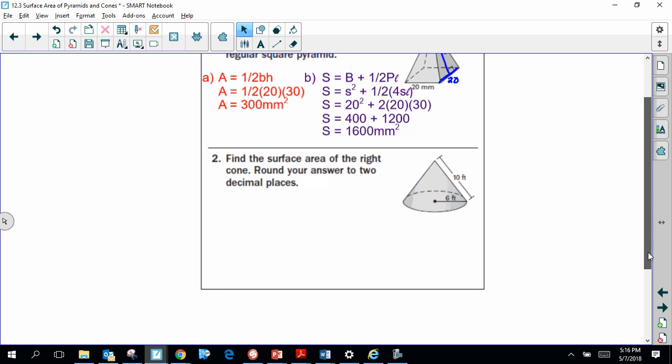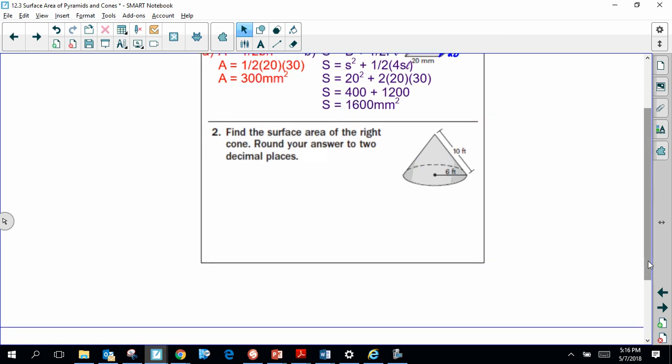And the last example that you guys are asked to work out is just find the surface area of the cone. It does say round your answer to 2 decimal places, but I really didn't pay attention to that. I gave my exact answer and rounded to 3 decimal places like AP Math asks me to. So taking the slant height and the radius that we have here, we're going to say surface area is pi r squared plus pi r l.